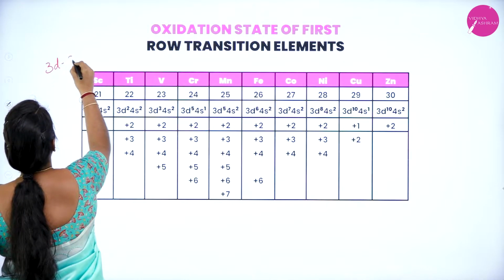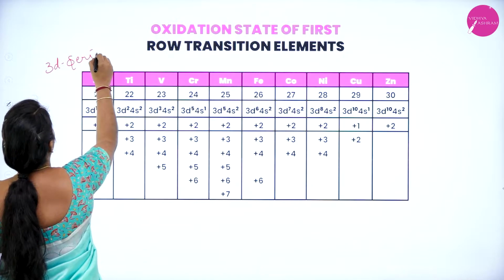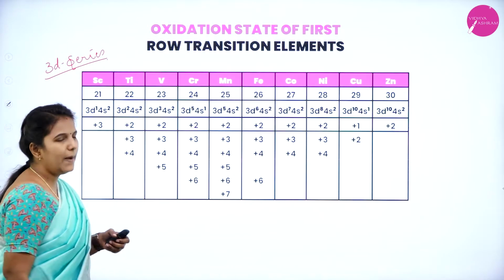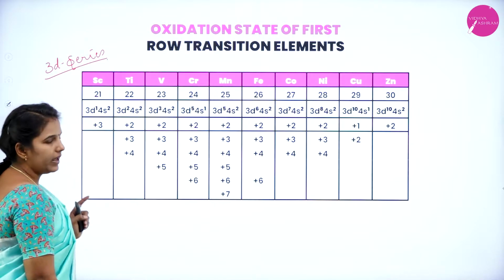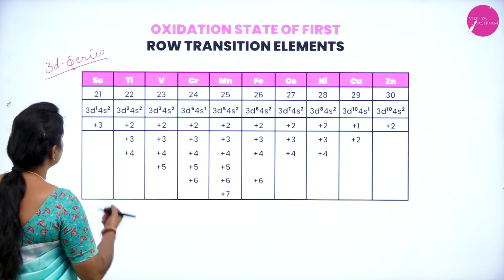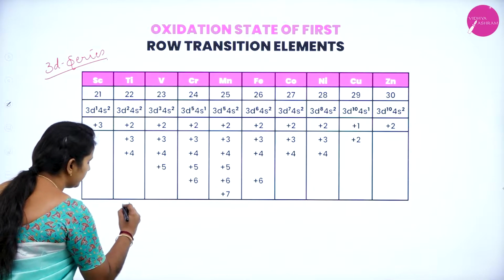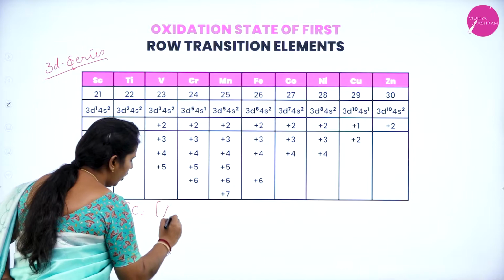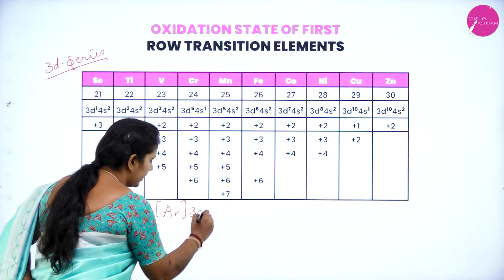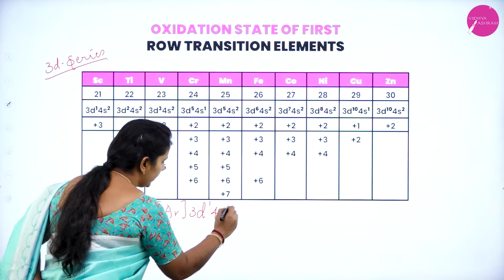You can see that all these elements show variable oxidation states. I'll explain by taking scandium first. What is the electronic configuration of scandium? Scandium is argon 3d1 and 4s2.